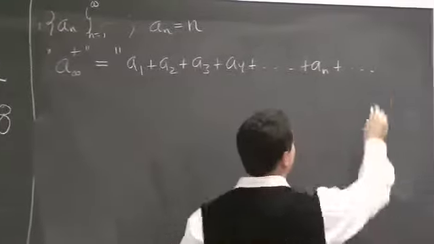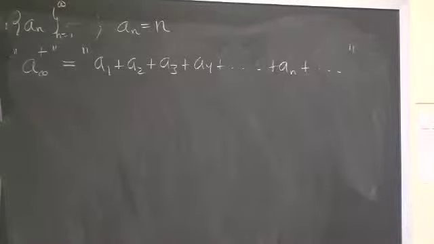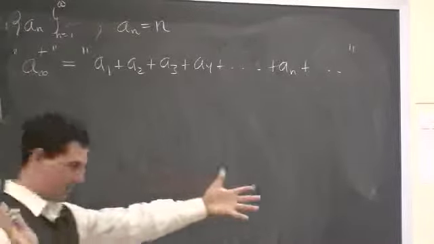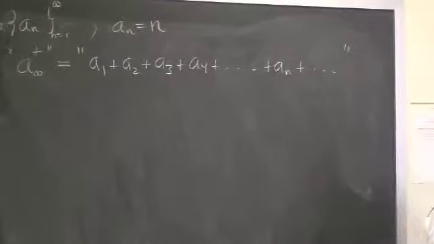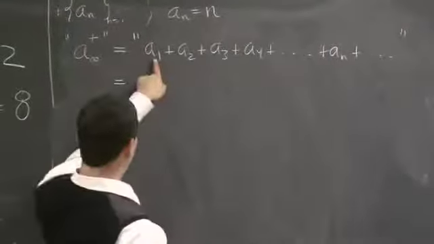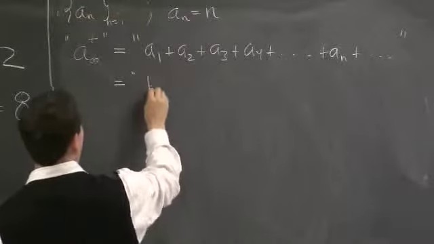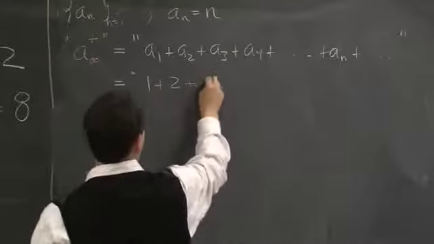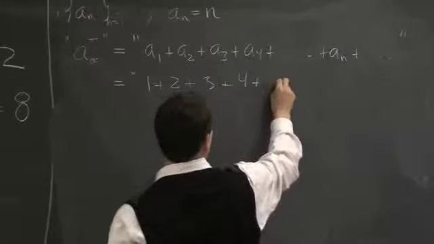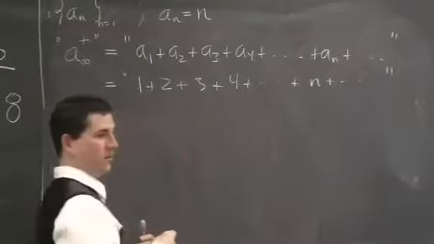And then you have to put some quotes at the end. So formally, it's an expression that goes on infinitely long. And we know what a1, a2 and a3 are in this case. It's 1 plus 2 plus 3 plus 4 plus n plus, it just keeps going.